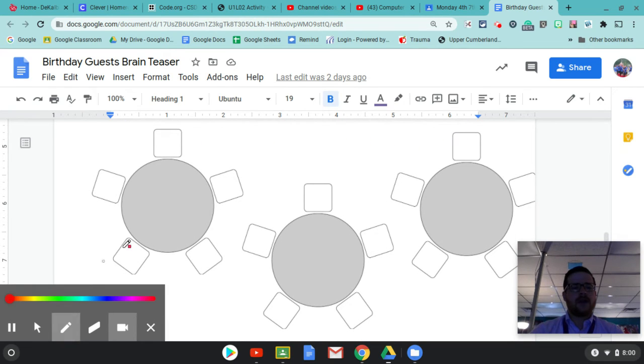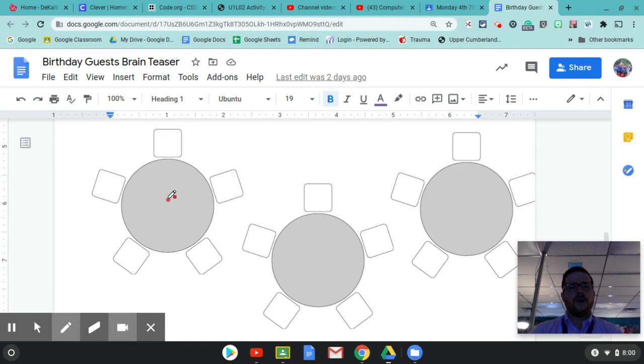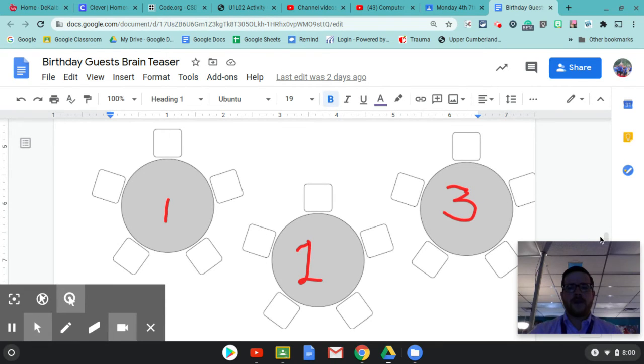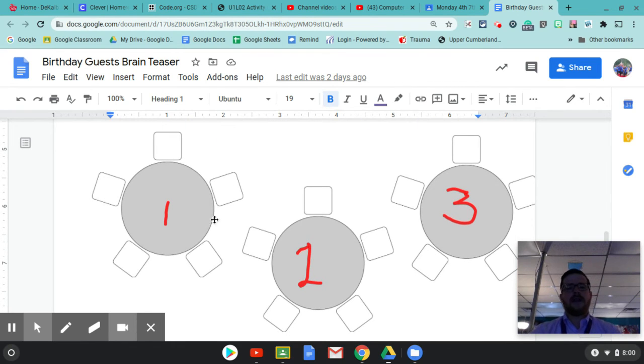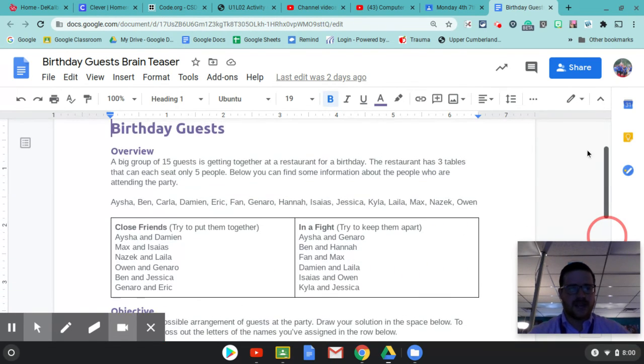Here's a diagram of the 1, 2, and 3 tables there. Okay? So there's the 3 tables. And you got to figure out how to get those 15 people to sit at these tables. So that's pretty easy. There's 5 seats, 3 tables, 5 times 3, 15. That's easy, Mr. Oaks. Well, look, they've got some issues, we'll say.